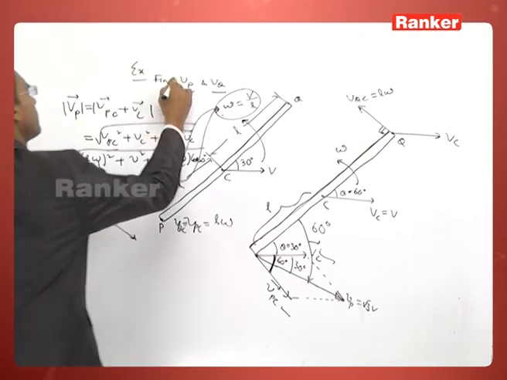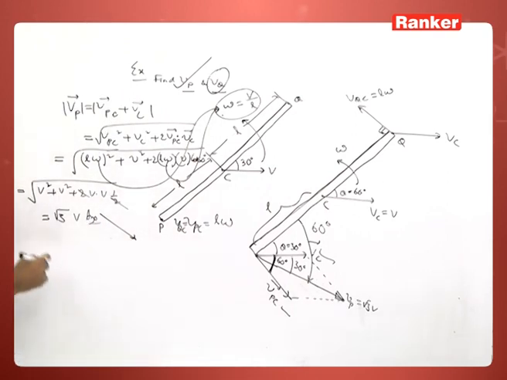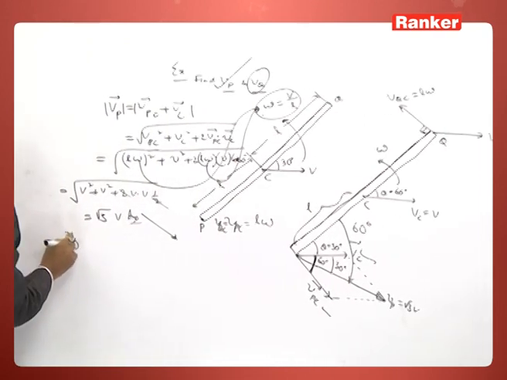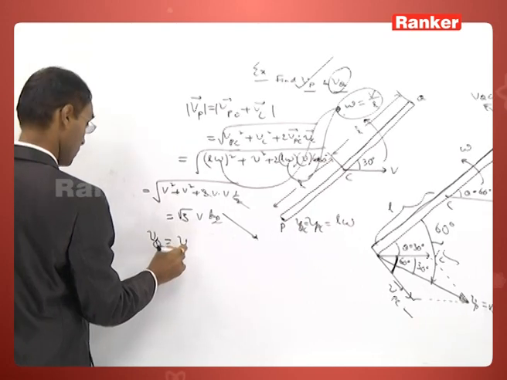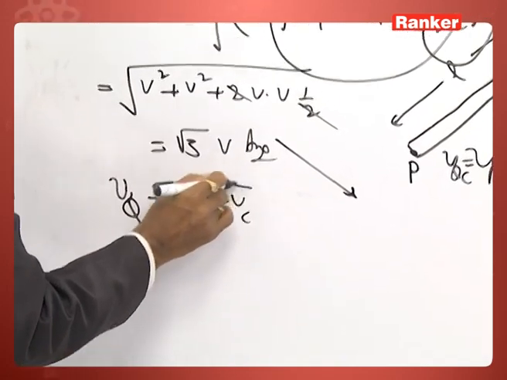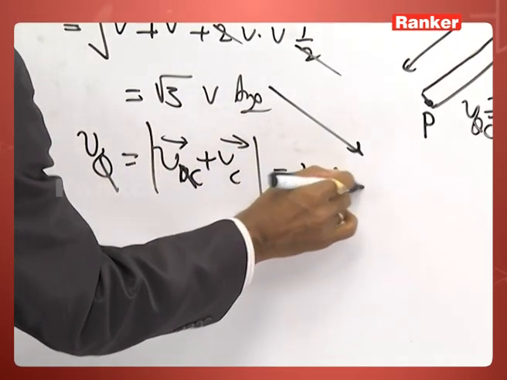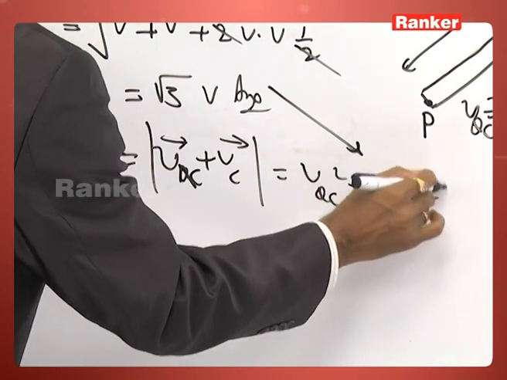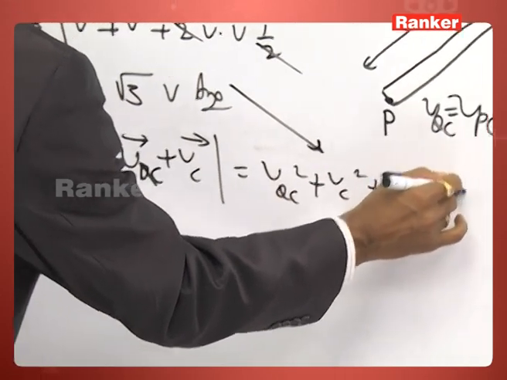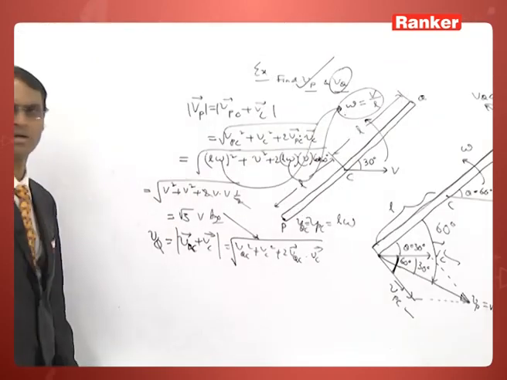Similarly, you can calculate the velocity of the second point Q. Vq is equal to Vqc plus Vc, mod Vqc square plus Vc square plus Vqc dot Vc, square root of this.